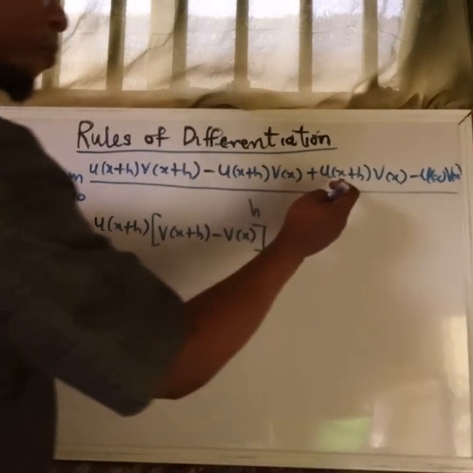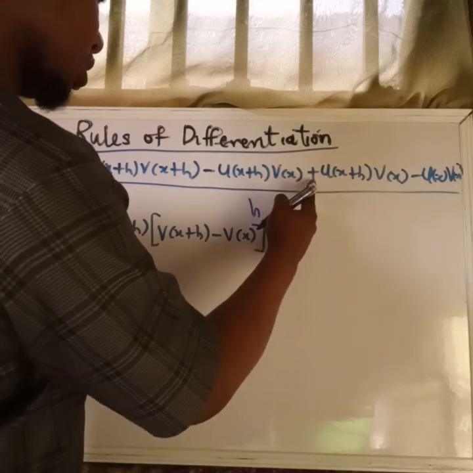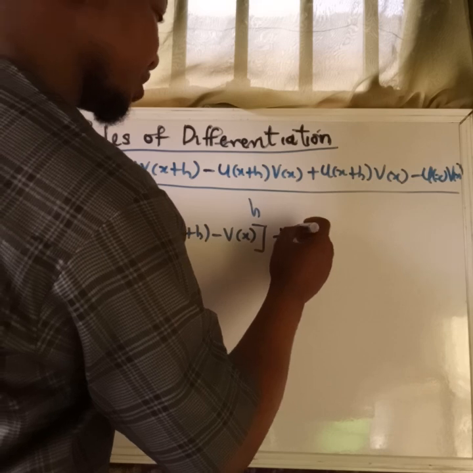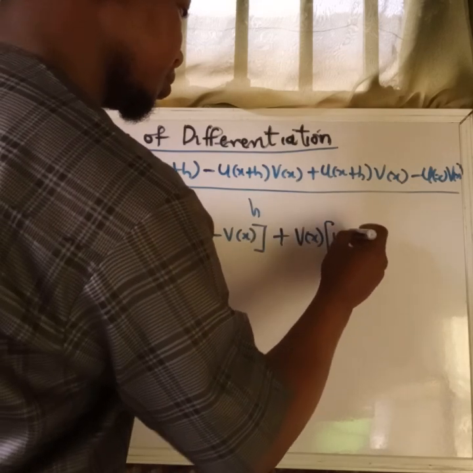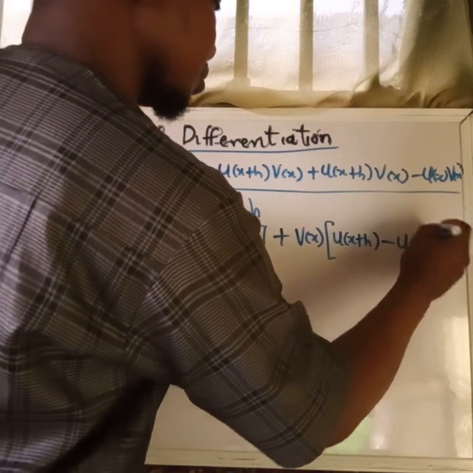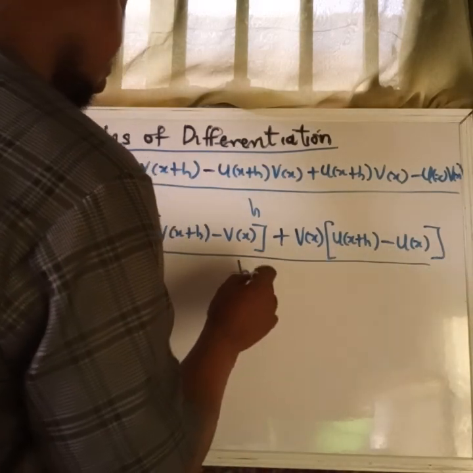Again here, v of x is also common, and this is a plus, so let's factor the v of x out. Everything is over h.